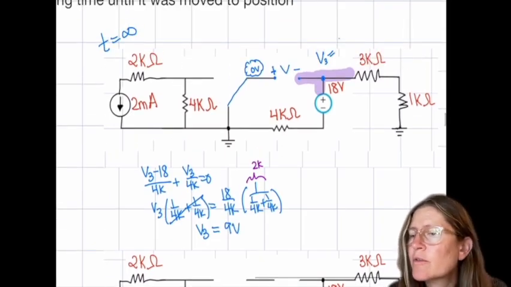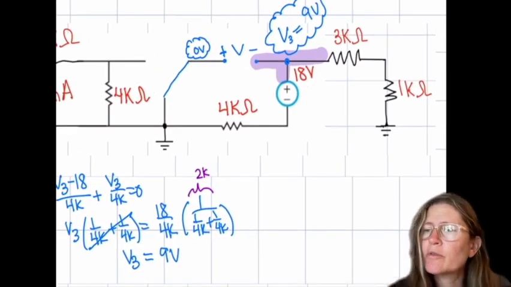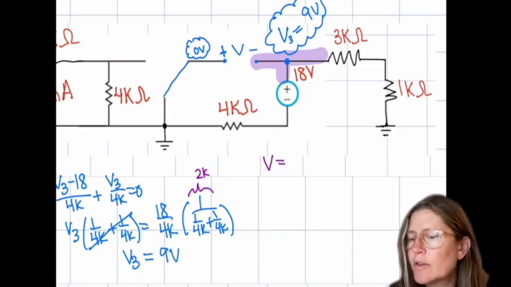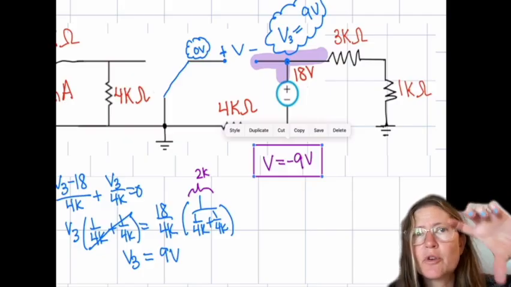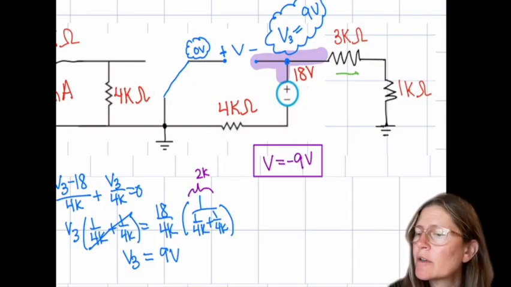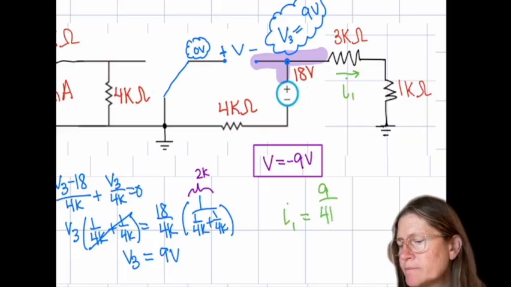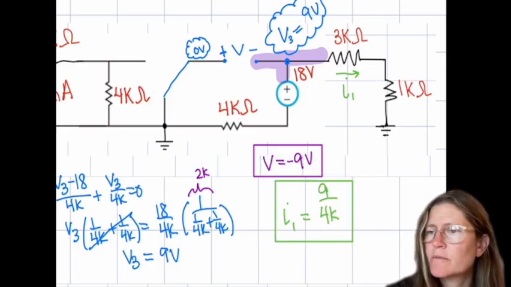So this voltage here is going to be 9 volts. And so V here, which is my final value, is going to equal minus 9 volts. Again, that's the polarity from ground to that node, and that node is 9 volts. And then I1, which is going to be here, is going to be 9 over 4K. And so these will be my final values for my expressions.